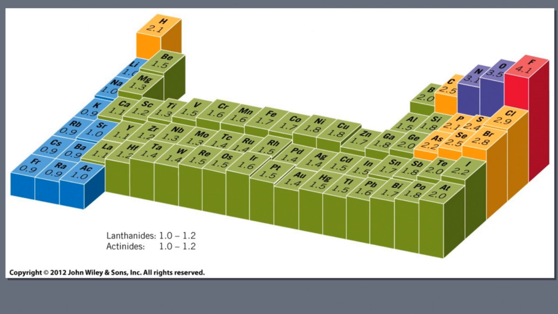Now, the reason we have these differences in how well the electrons are shared has to do with the strength of the participating atoms. What we're seeing on this table is an electronegativity periodic table.